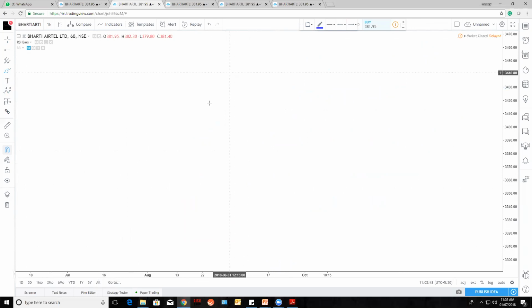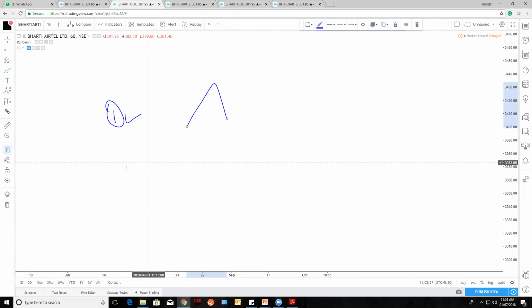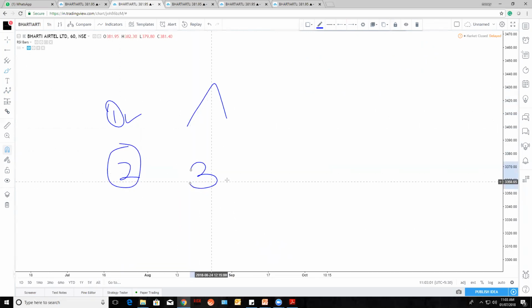Okay. Up to now clear to everyone? What is the rule for impulse wave? There are 3 rules. Rule number 1: wave 2 cannot retrace more than 100% of wave 1. Then it is fine. The second rule is wave 3 cannot be the shortest.